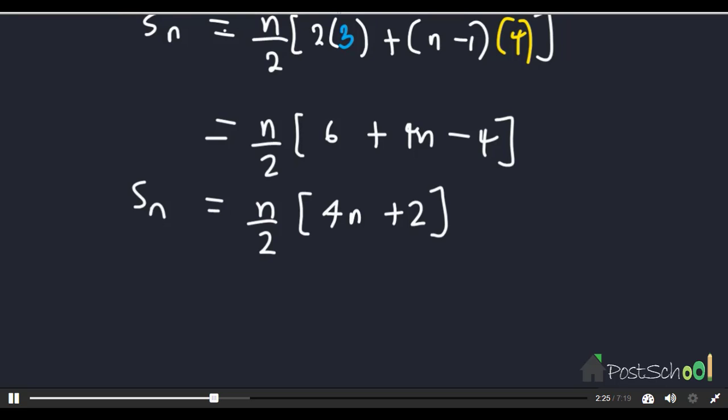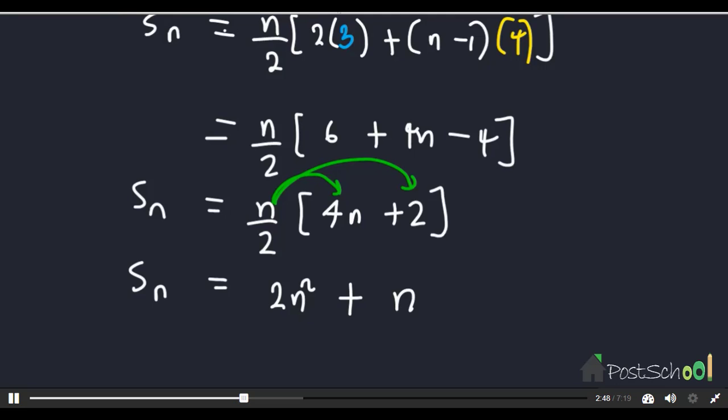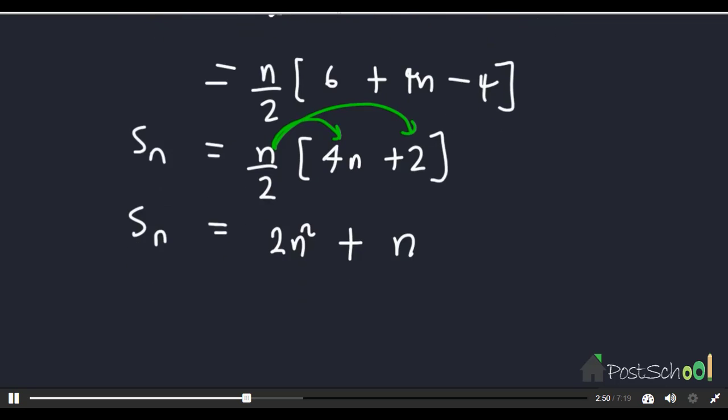Now we multiply by n over 2 inside. n over 2 times 4n is 2n squared, because the half divides 4 to give 2, and n times n is n squared. n over 2 times 2 is just n. So this is the general sum of this series.